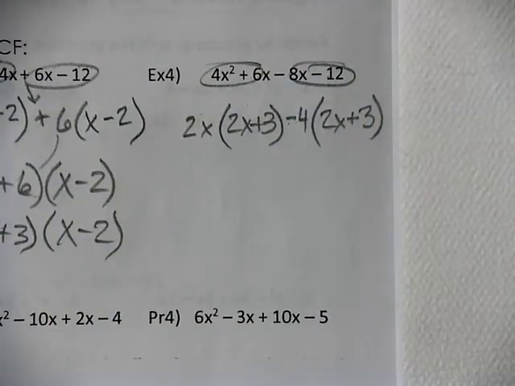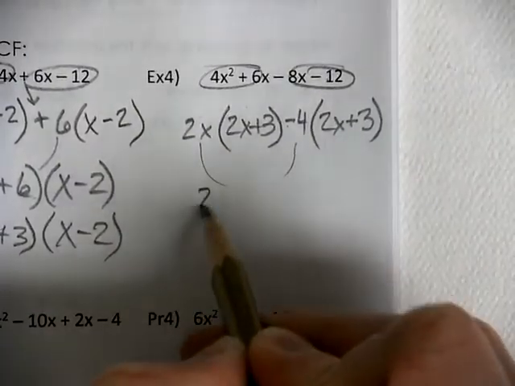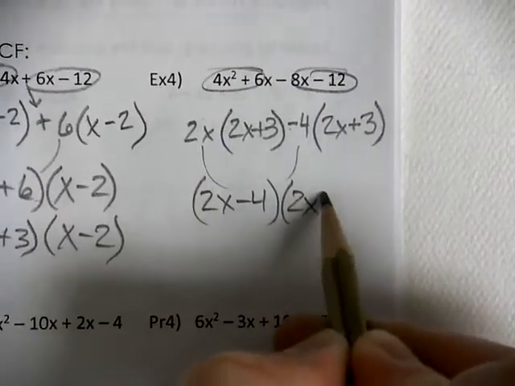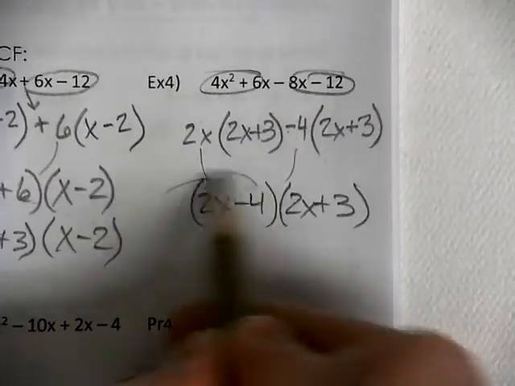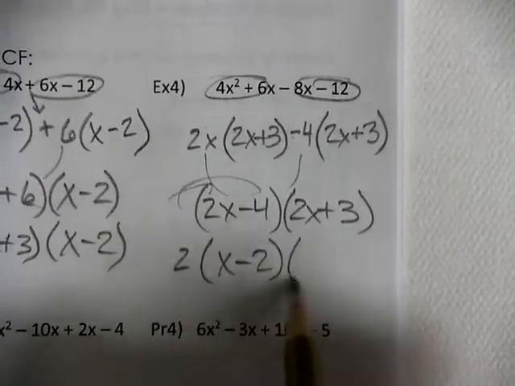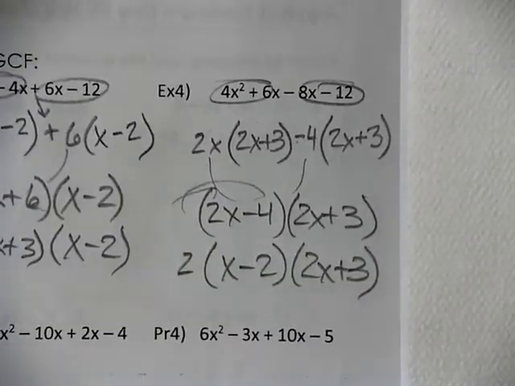My parentheses are exactly the same. I bring down my 2x minus 4 and my 2x plus 3. I notice that the 2 and the 4 are both even numbers, so I can factor out another number. There we go.